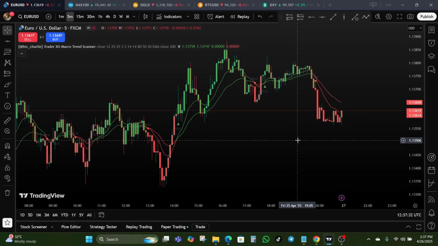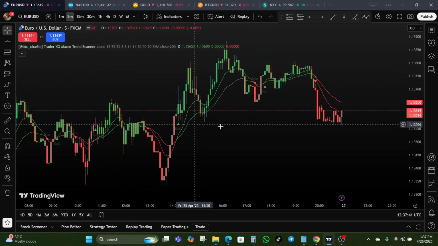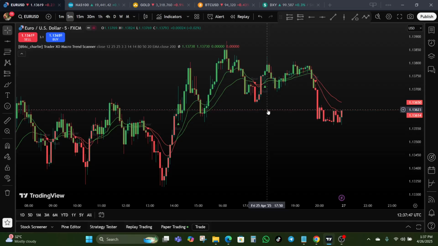Now, the TraderXO Macro Trend Scanner is an advanced tool that is built specifically for traders who want a reliable trend detection system.